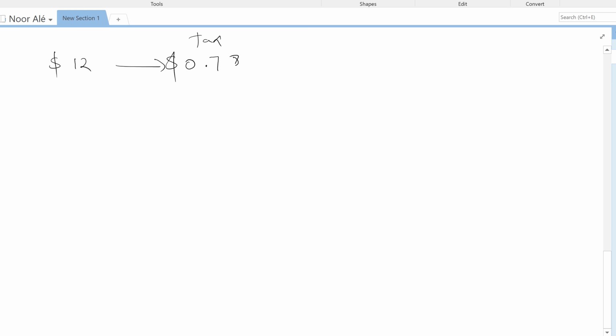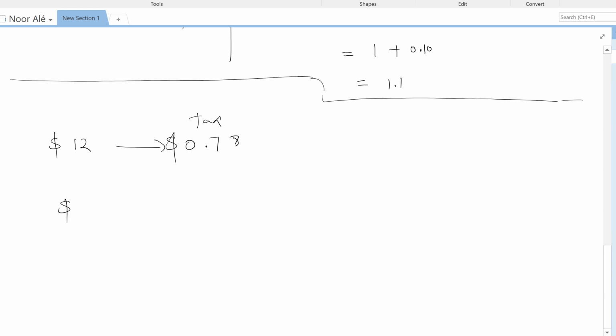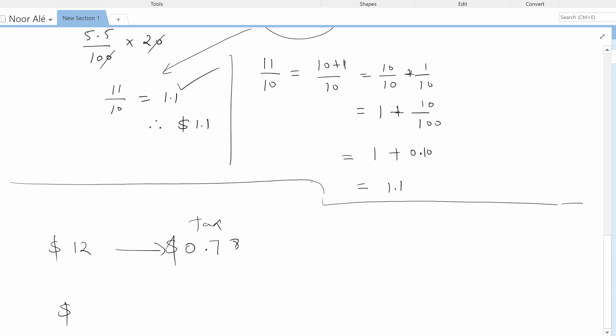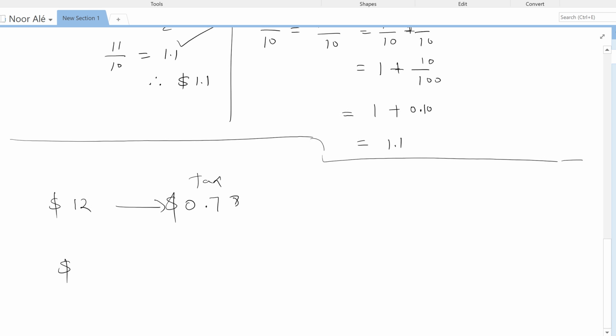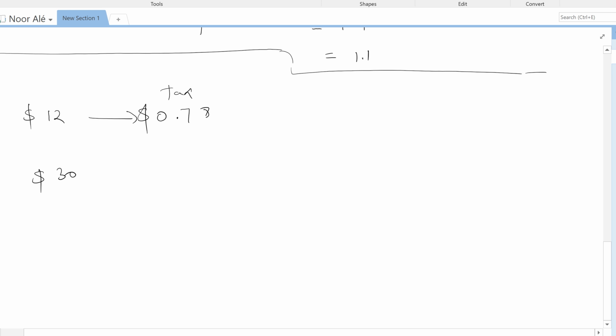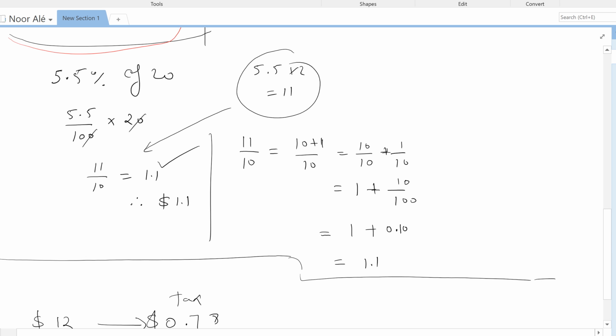That's the tax. Now what would be the tax on, let me write, $30? So if your purchase is worth $30, how much tax are you going to pay on that?